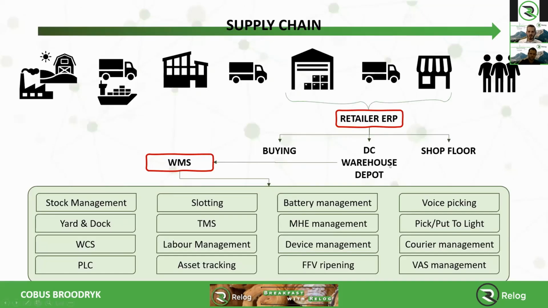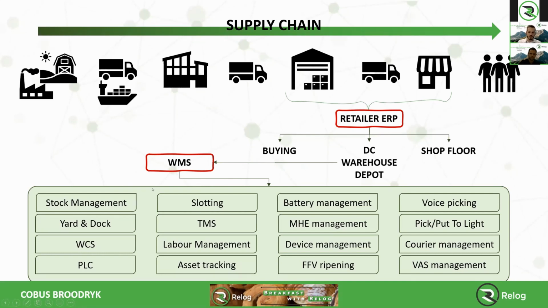So if we just quickly look at a macro view of the supply chain, you have everything from your raw material input and transportation, fabrication and production, more transport. And then we get to the portion where we specialize, and this is looking at your facilities, your storage facilities, your transport, and to your stores. And all of that typically falls under the retailer's ERP. Now, under the ERP, there's a few different sections. Where we like to focus is on the DC, the warehouse or the depot, and the WMS system that operates these facilities.